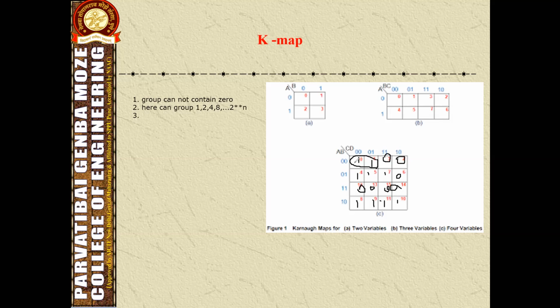We can group 2 ones, 4 cells, or 8 cells. So the number of neighboring ones should be 2 raised to the power of n. This is the rule.